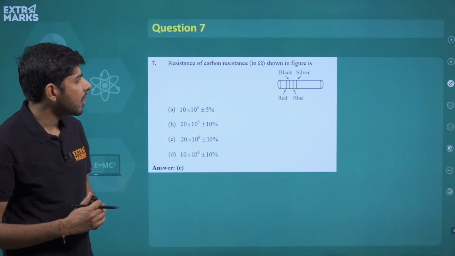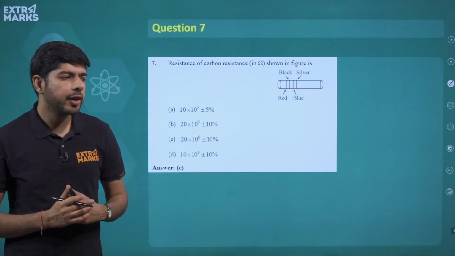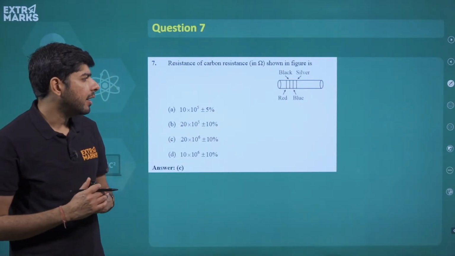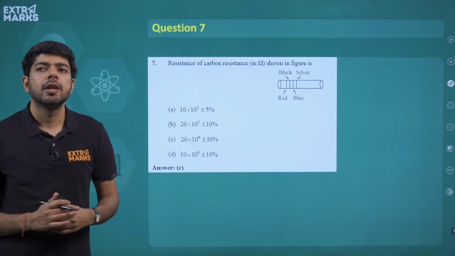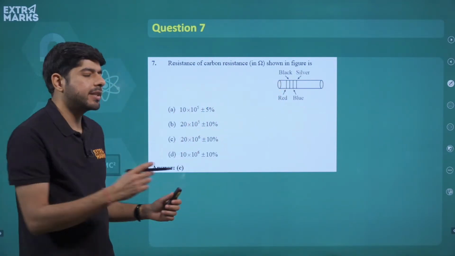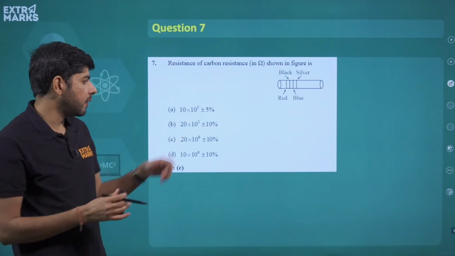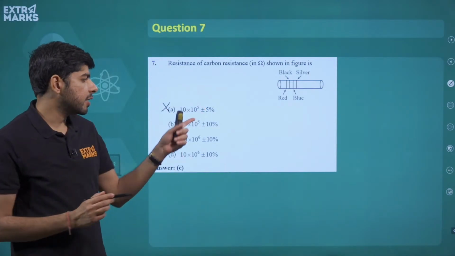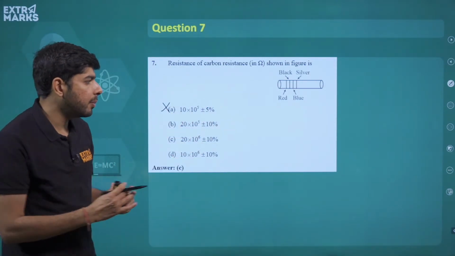Okay, resistance. These are the color codes on the resistor. We need to remember these values. Silver is for the error, and the initial 3 bands are the value. Silver is 10%, gold is 5% plus minus. Here it is silver, so of course A is eliminated because it is 5, and these are all 10. What is red? You need to remember red is 2.